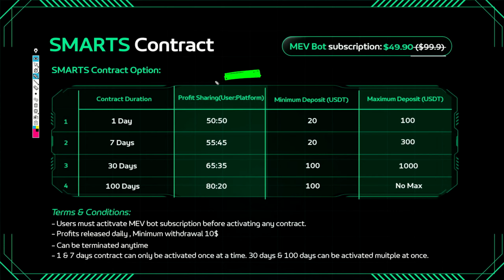Before, I'm skeptical, I'm all red, but I want to see that after testing it for 1 day, it turns green for me. So I come in for a 1 day contract. I know that I'm going to get 50% return. 50% goes to the bot. The minimum for me is $20 and the maximum is $100.